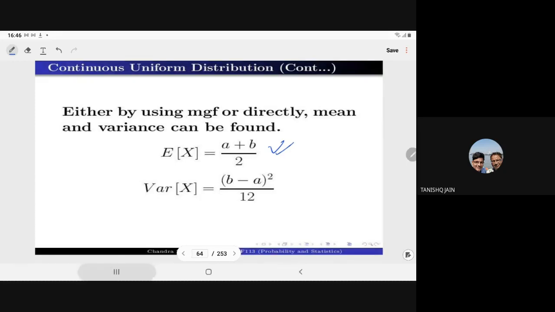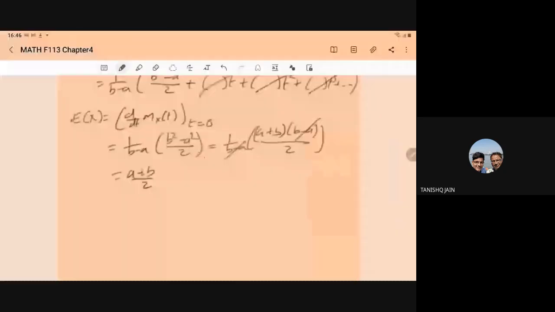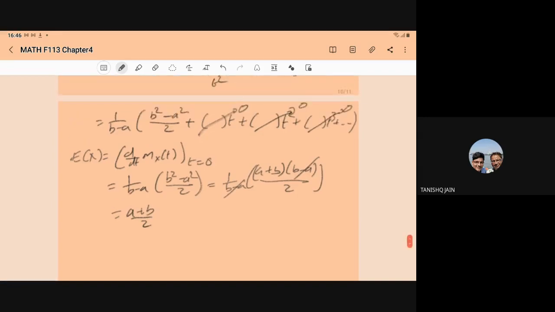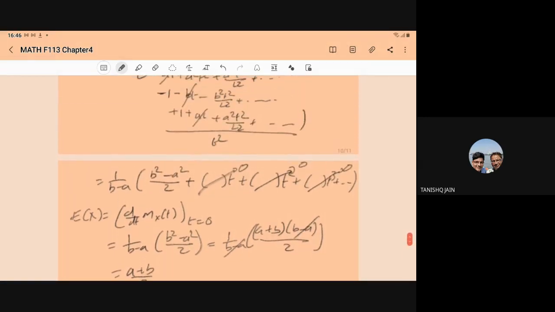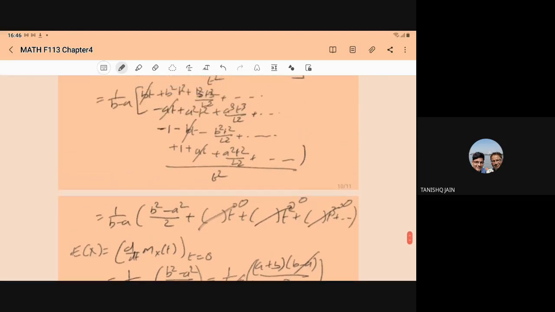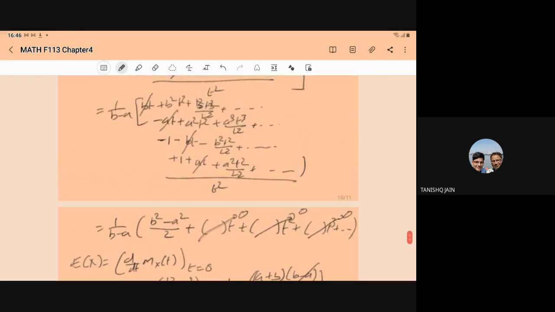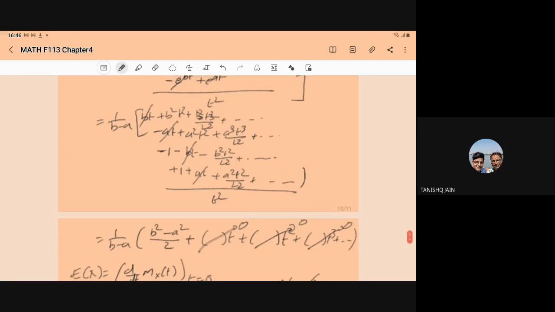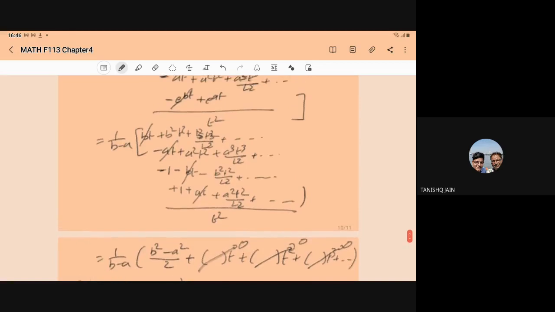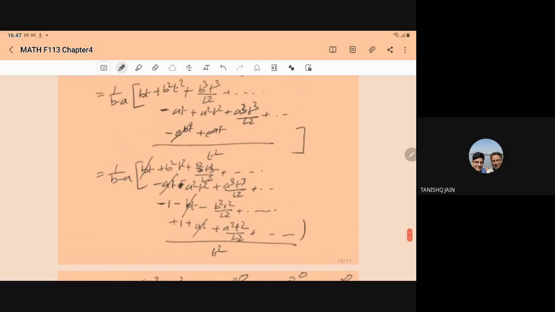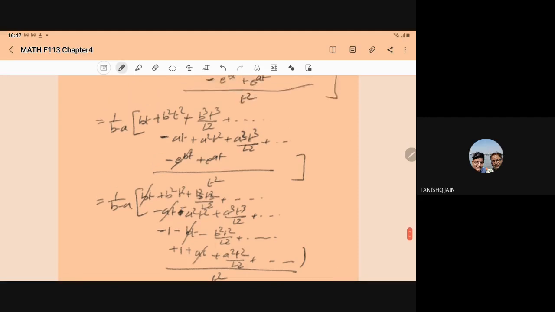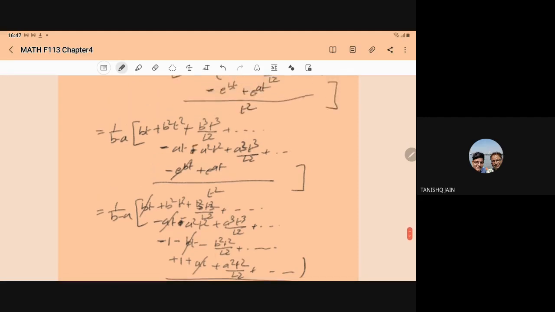Then, sir, in the last step, a square t square plus a square t square by 2, I think it was that. That's not how the minus came. For the a terms, a square t square plus a square t square by 2 factorial. No, that is the minus. Actually in the complete expression we have the minus only, we have e to power bt minus e to power at.